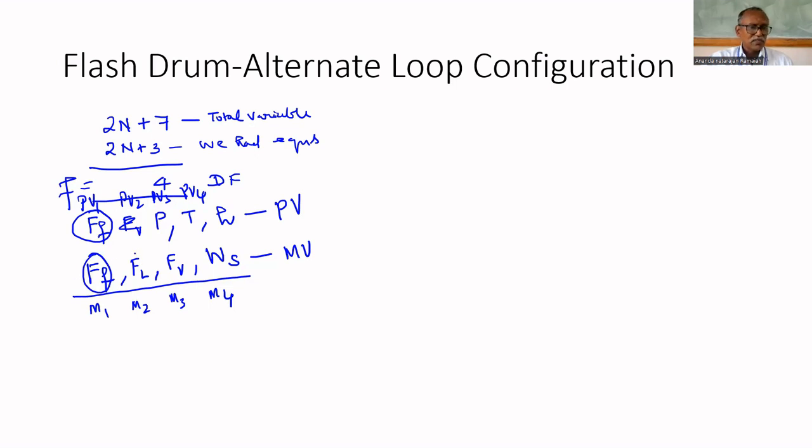That is one thing. If we adjust the liquid flow rate also, we can control the feed flow rate, because if you adjust the liquid flow rate, the level will decrease or increase, and based on that the downstream pressure will change. We can control FF.